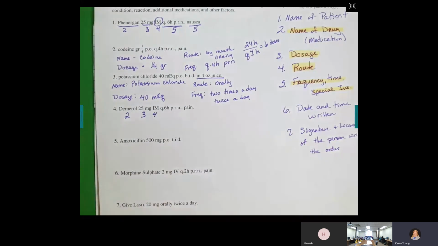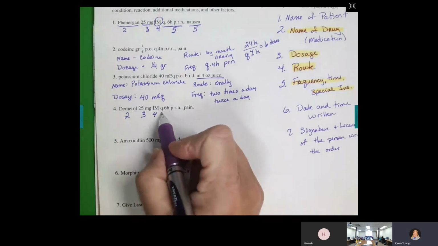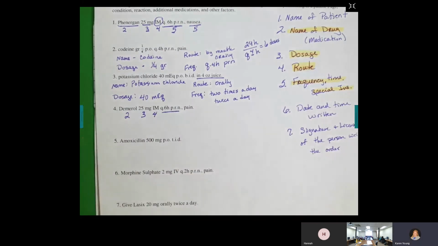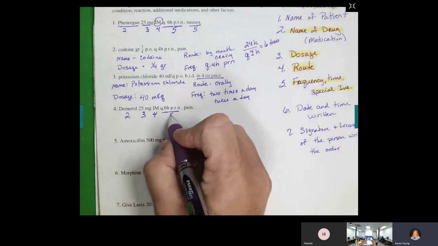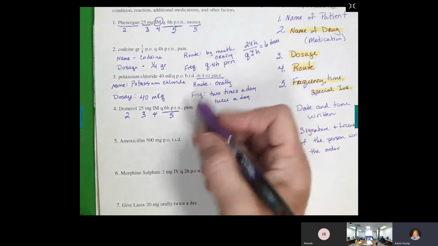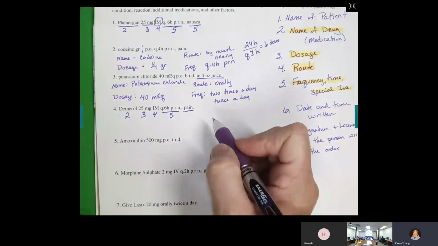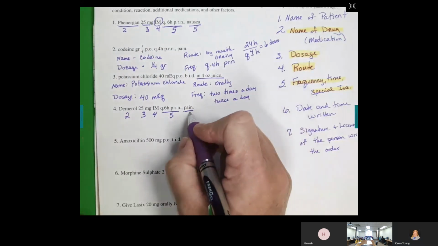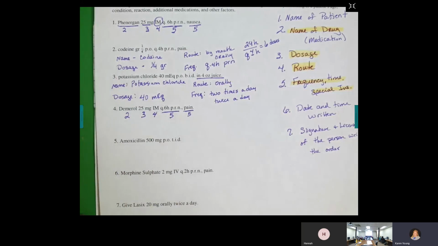Intramuscular, yeah. And we would put IM on the route. Every 6 hours, PRN. Which one's that? The frequency. And then the pain is our special instructions. So it's still part of our number 5, part of our frequency.